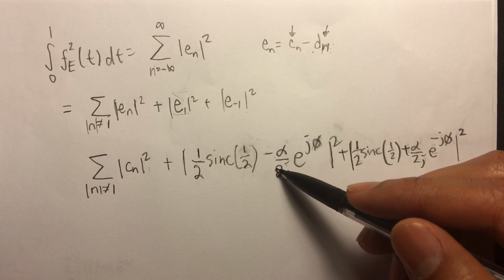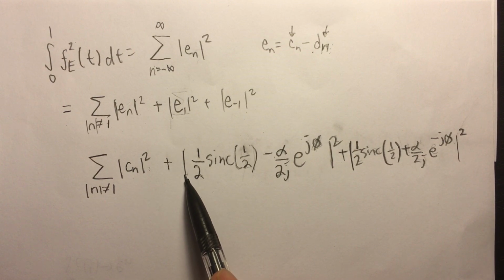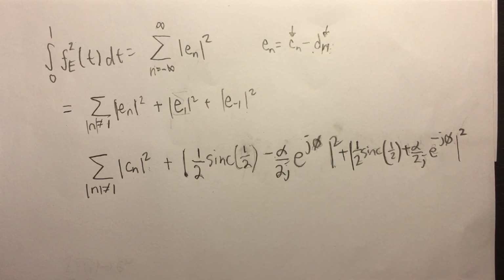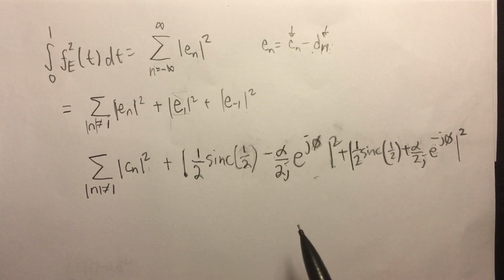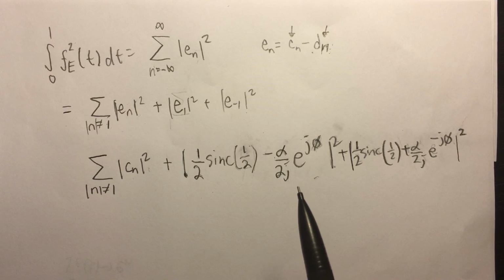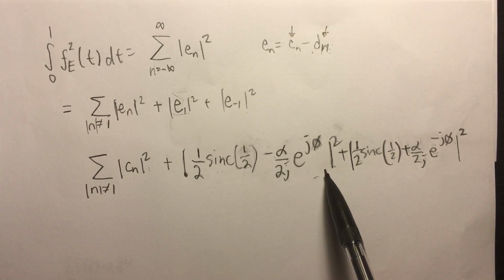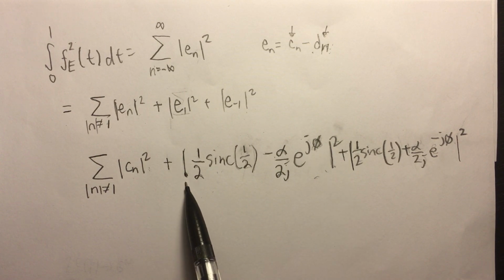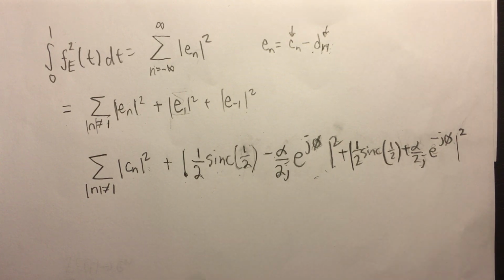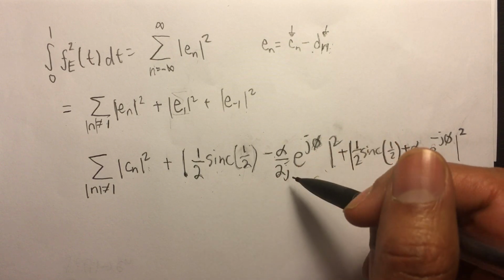Secondly, let's take a step back and look at this. This is the magnitude squared of some number, right? And so if we want to minimize this, we would ideally want that number equal to 0, because it can't be less than 0. So if we want to minimize the error, we make these two terms equal to 0. So let's just try that.